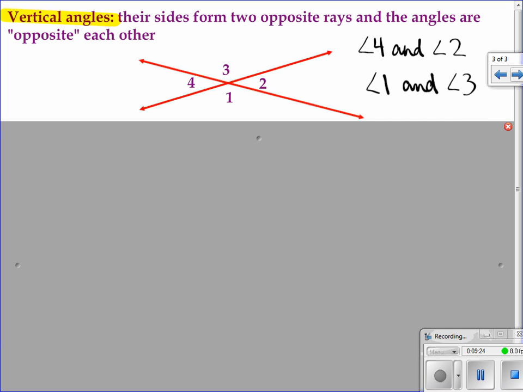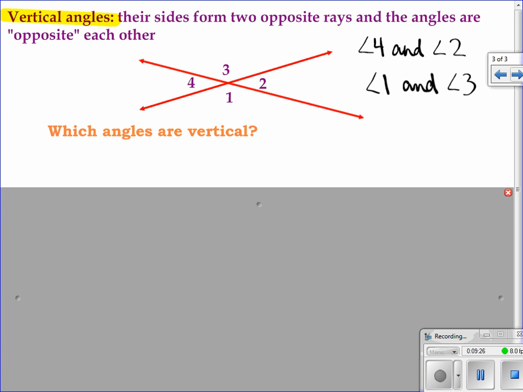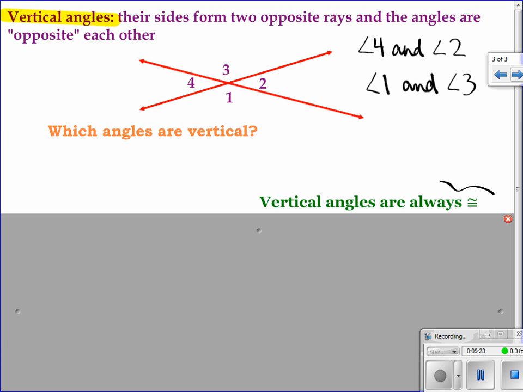This is the important part. So I want you to highlight this. What does congruent mean again? Same. It's another word for same. Okay, equal or same. So what do you think the algebra is going to be with vertical angles? How would we change the picture into algebra with vertical angles?